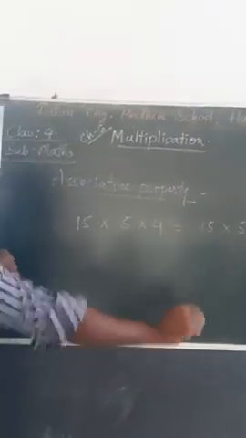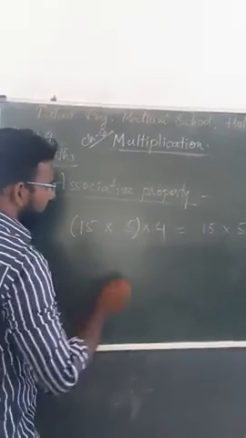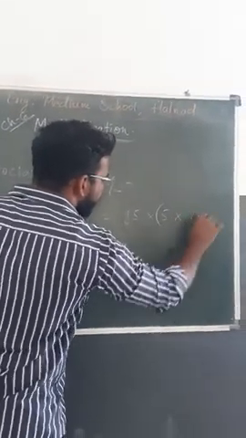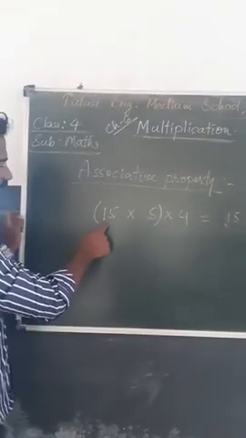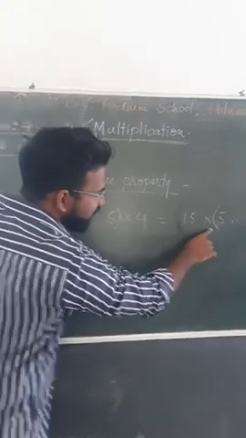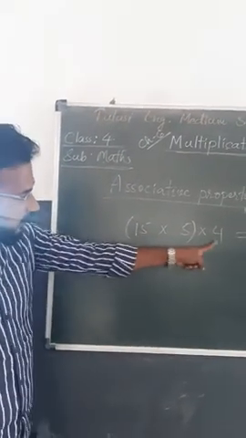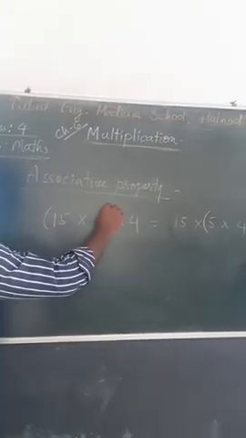The result will be the same. See, 15, 5, 4, and 15, 5, 4. The numbers are the same, only the grouping is different.